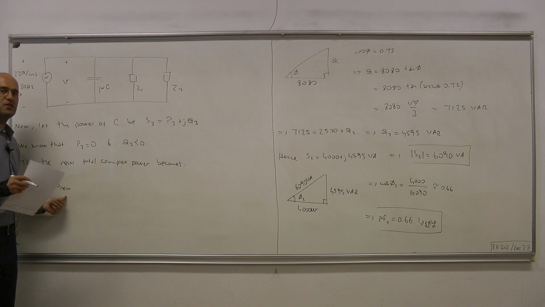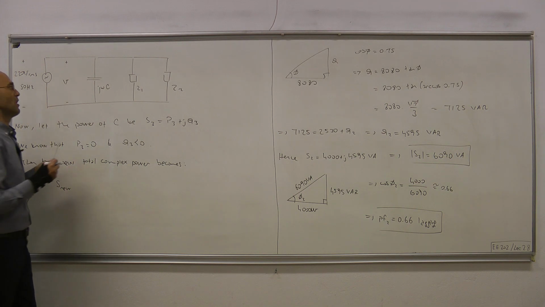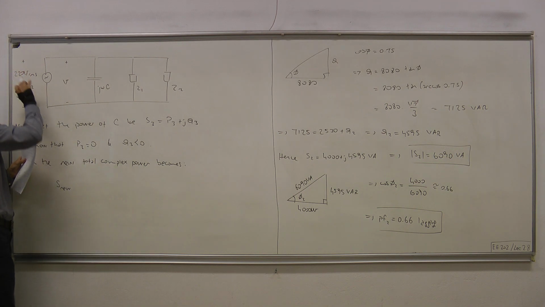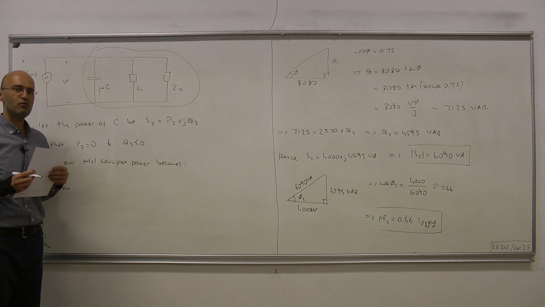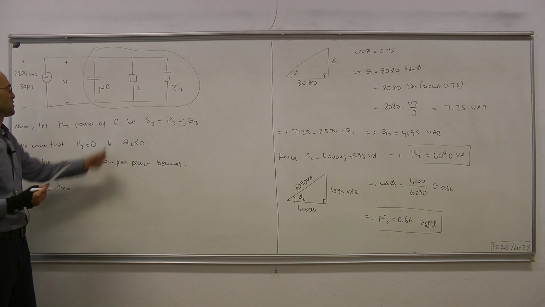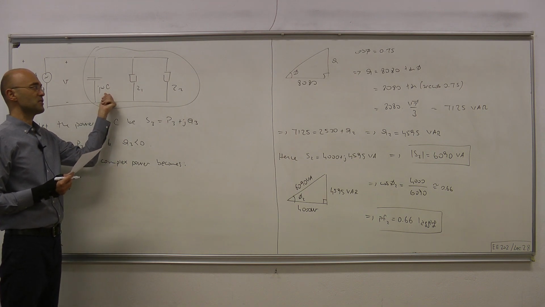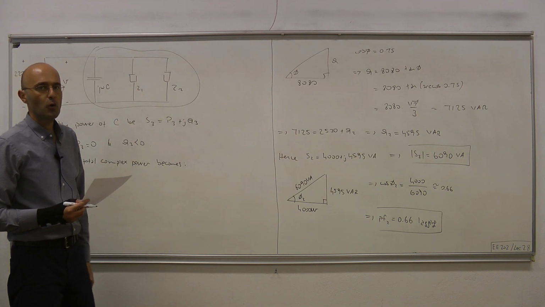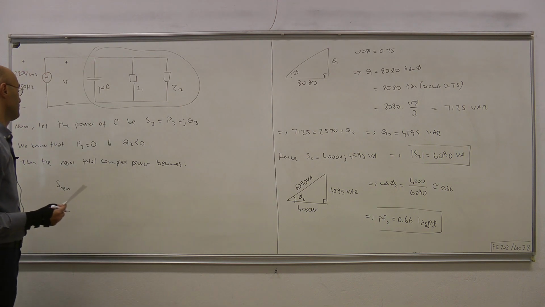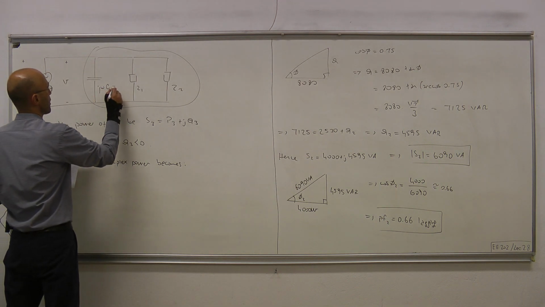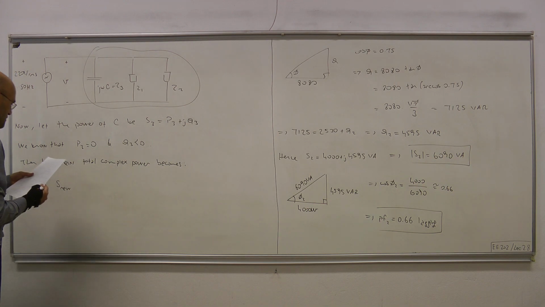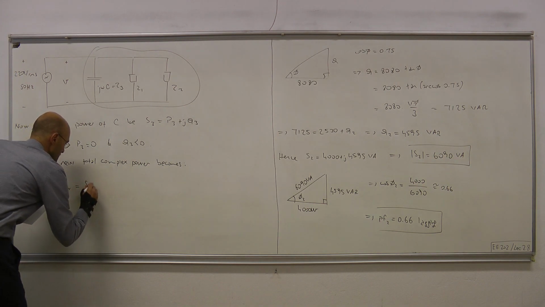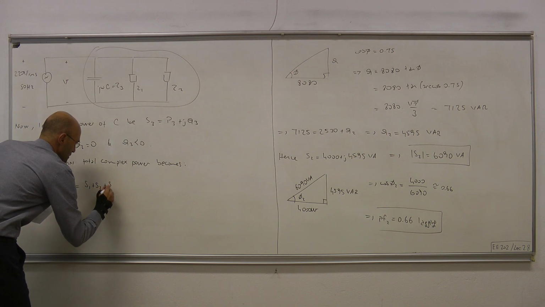Now this S new is the new complex power delivered by the source to this combination of 3 pieces. One of those pieces is our capacitor, and then we have the 2 loads that we had in the original problem. We can call this the third load, Z3. Now S new equals S1 plus S2 plus S3.